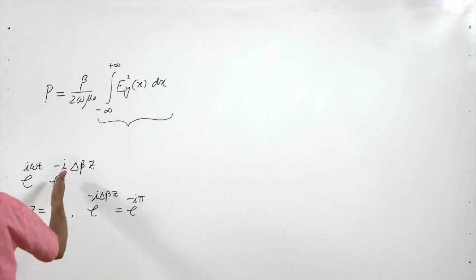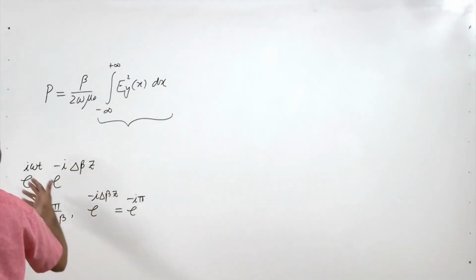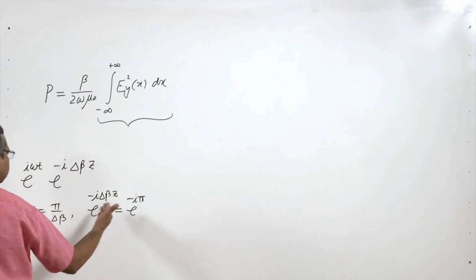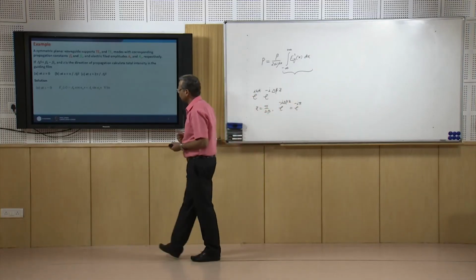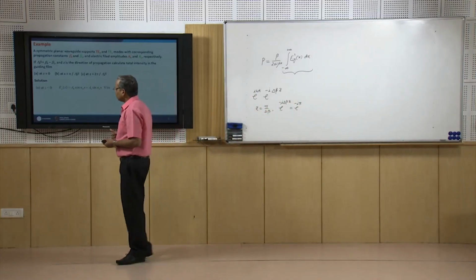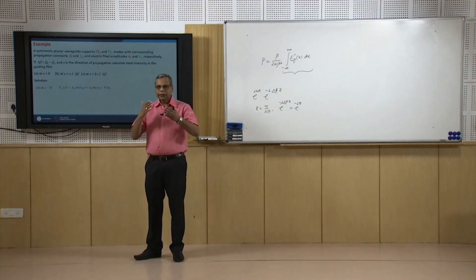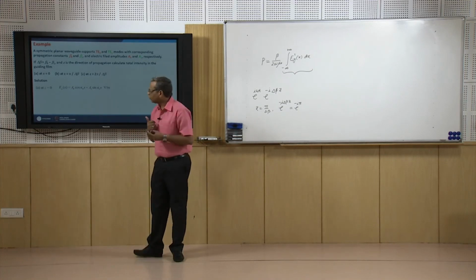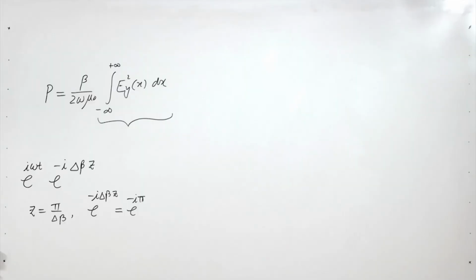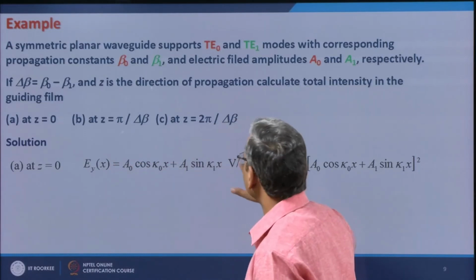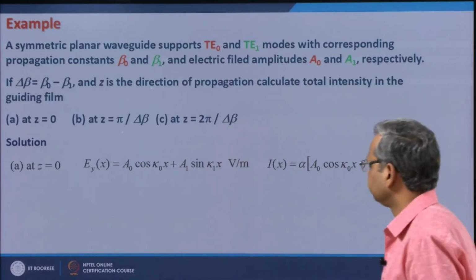Instead of plus i beta z, because I am doing it in such fashion, I can retain the same convention. So, the two modal fields will be pi out of phase when they traverse this distance. Okay.